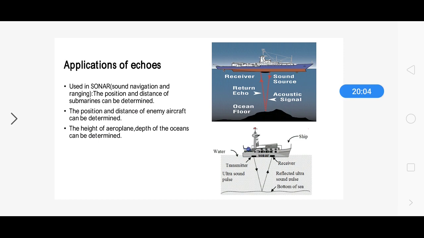For that, we send the ultrasonic sound wave in an upward direction, and we observe the time of the echo, and using the vt/2 formula we can find the height of the aeroplane as well as the depth of the sea.